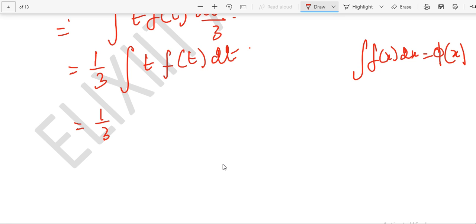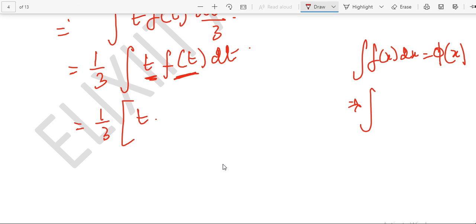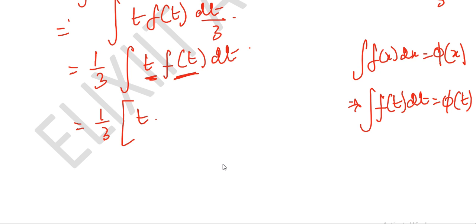Now we can simply integrate this by parts. Which one shall we take as the first function? Let us take t as the first function and f of t as the second function. So this will be t into integration of ft dt. If integration fx dx is phi of x, then obviously integration ft dt will be phi of t.